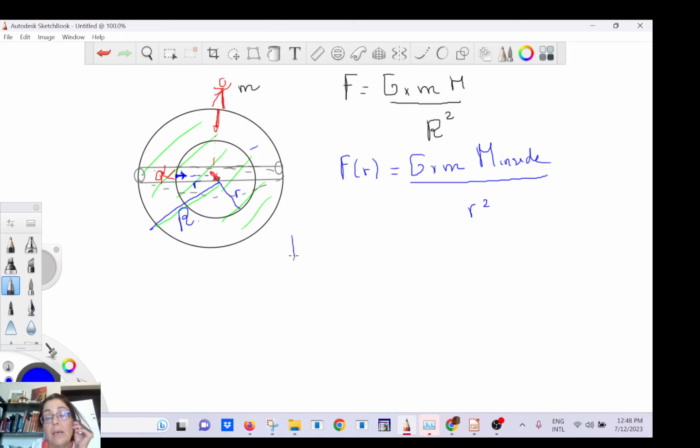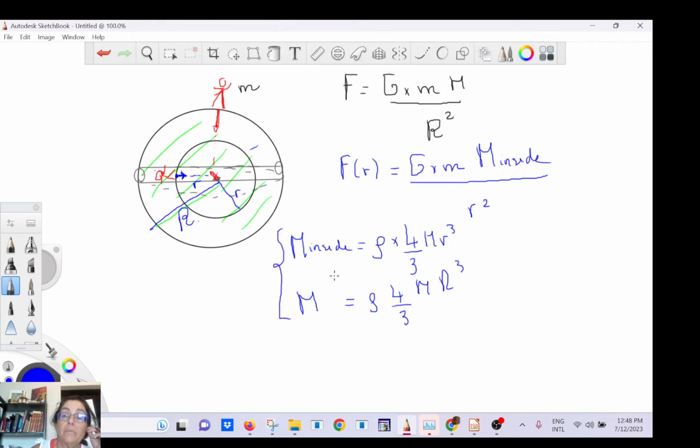So we say that the mass inside will be the density of the Earth, which is the same everywhere, times its volume, 4/3 pi r cubed. And the mass of the Earth is, like we did before, 4/3 pi R cubed.